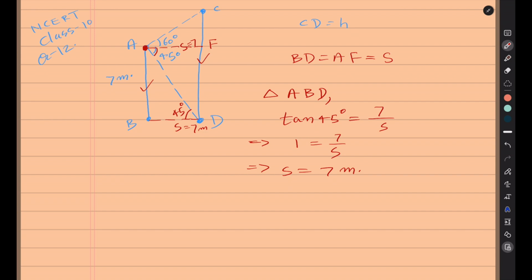So now that we know the distance is 7 meter, can we consider this triangle AFC? And there also we can try to put this trigonometrical ratio tan 60 degree, because elevation angle is 60 degree from this observation point. Angle of elevation from this point to the top of the cable tower is 60 degree. So tan 60 degree will be how much?